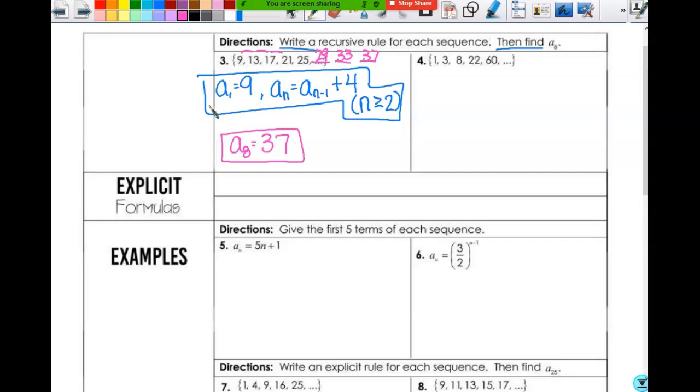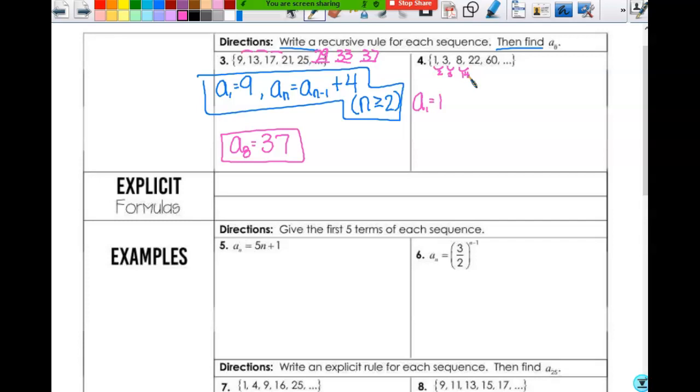All right. Let's see if we can come up with a pattern here. So I know I have to at least give the first term. A sub 1 equals 1. Then here I add 2, then I add 5, then I add 14? That doesn't seem to do much for me, right?